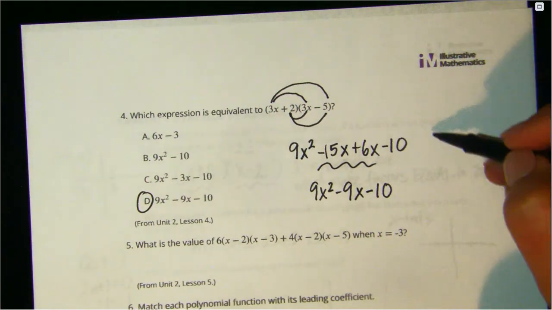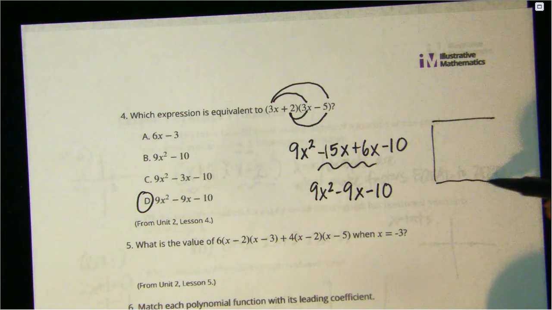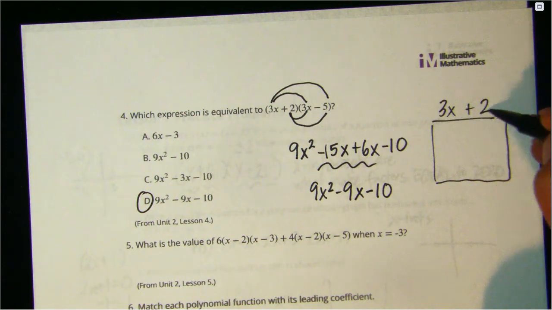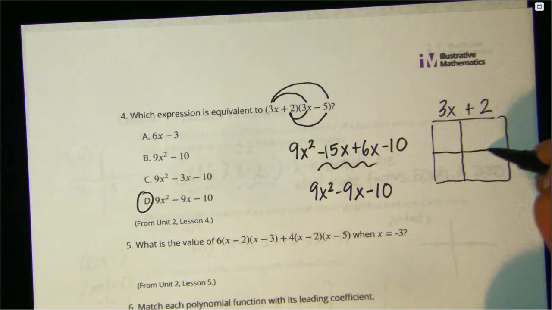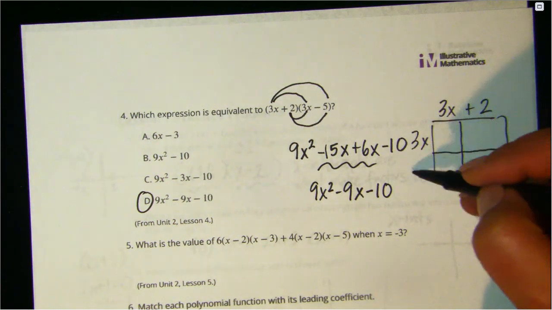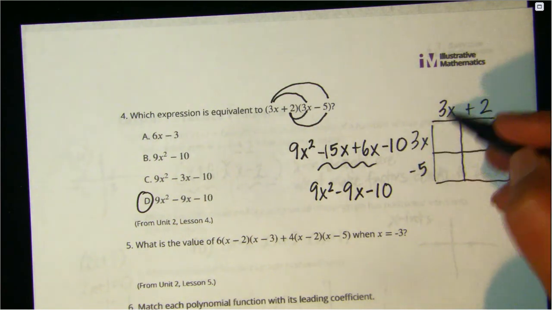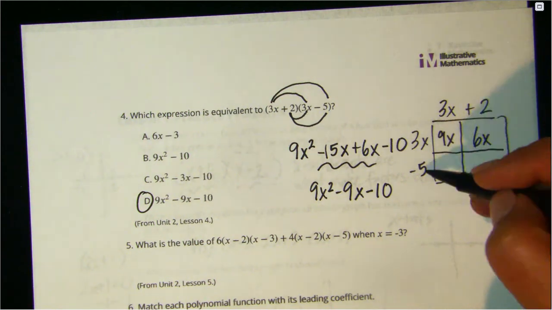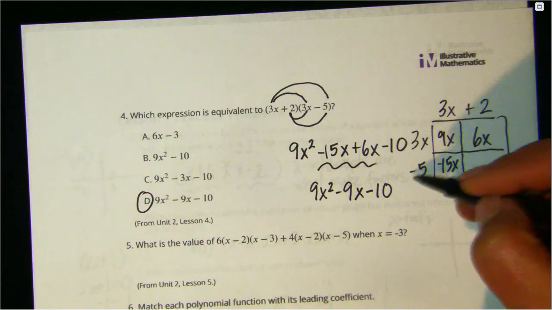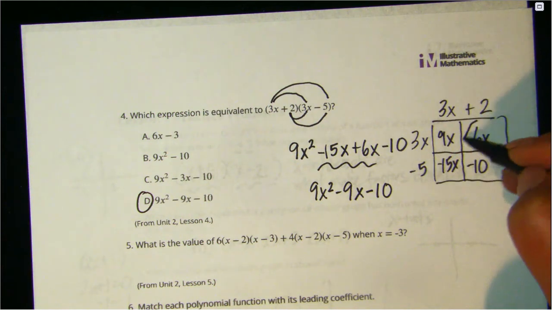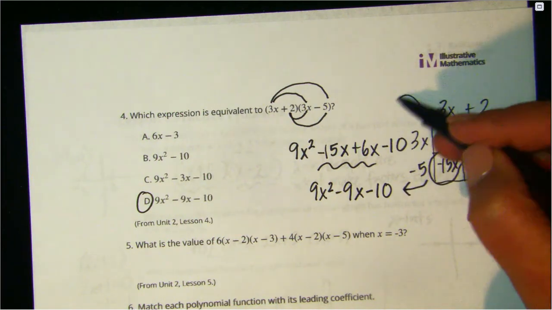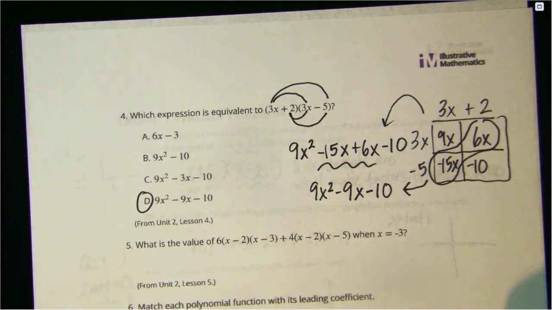You could also, just want to remind you, if I lost you on that FOIL method, you could do it this way. 3x plus 2 times 3x minus 5. Look, 9x squared, 6x, negative 15x, negative 10. Combine those, still get the same answer. Or FOIL, whichever way you like better.